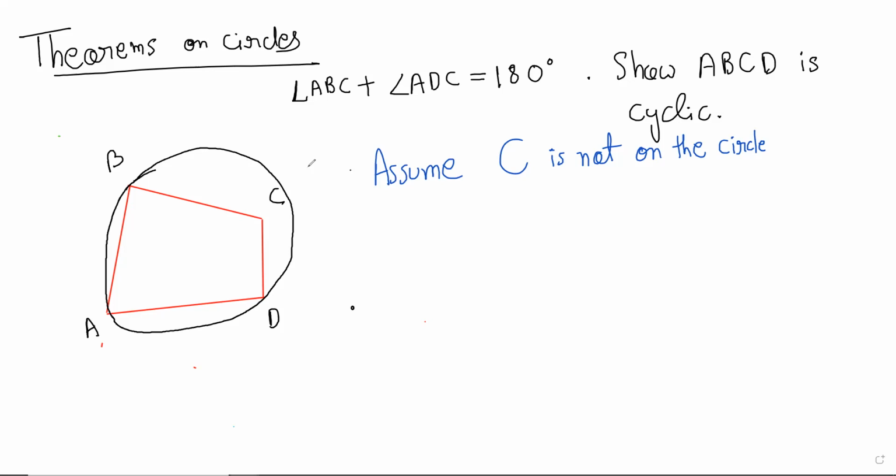So think of some idea, and maybe for a second, try to mimic what we did, even without completely knowing if it will work. C is not on the circle. You know that if there was a point E on the circle like this, then ABED would add up to 180 degrees. That you know. Can you use that?